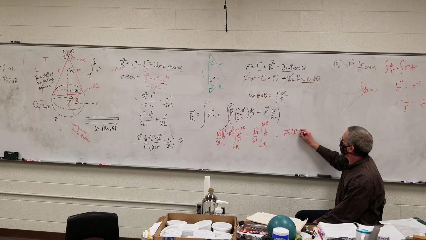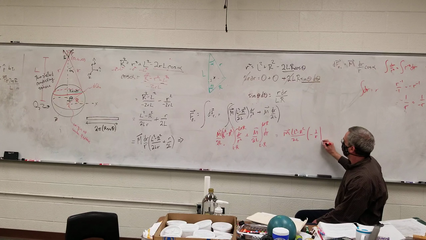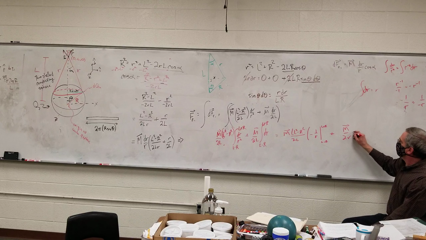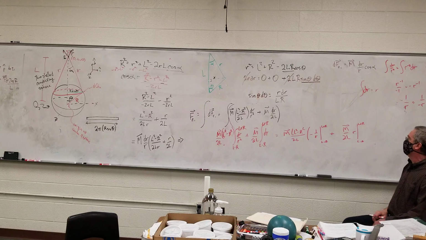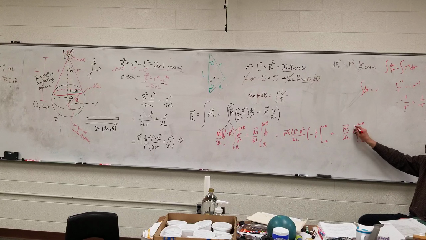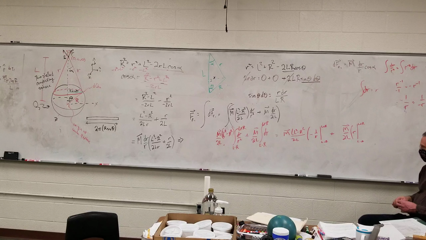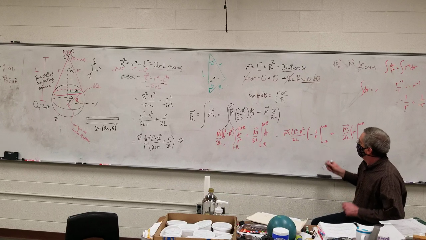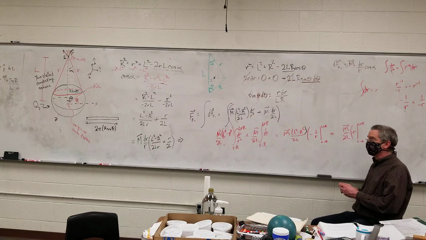M (L squared minus big R squared) over 2L times negative 1 over R from L minus R to L plus R, plus M over 2L times R from L minus R to L plus R. Plug and chug, simplify, we're done. And for the math purists, sorry about the loss of the second parentheses there.